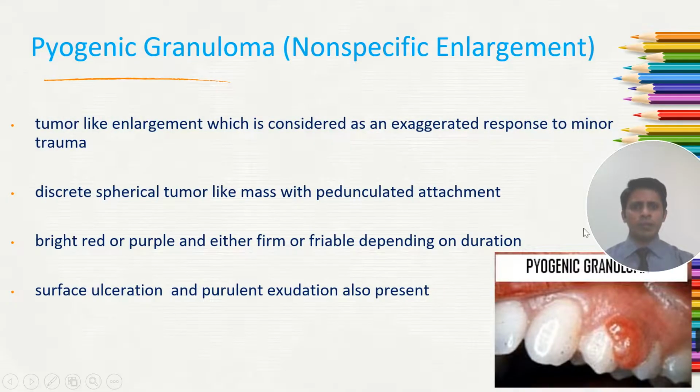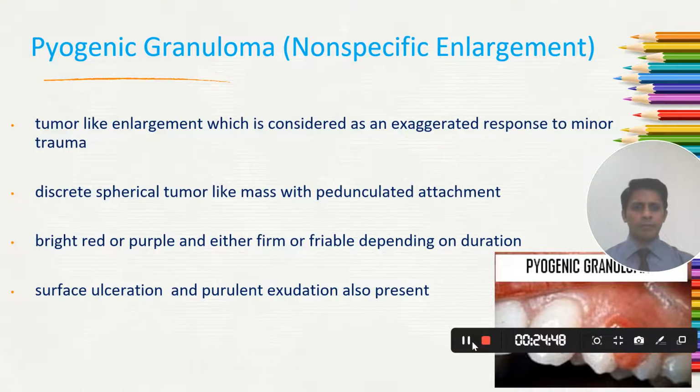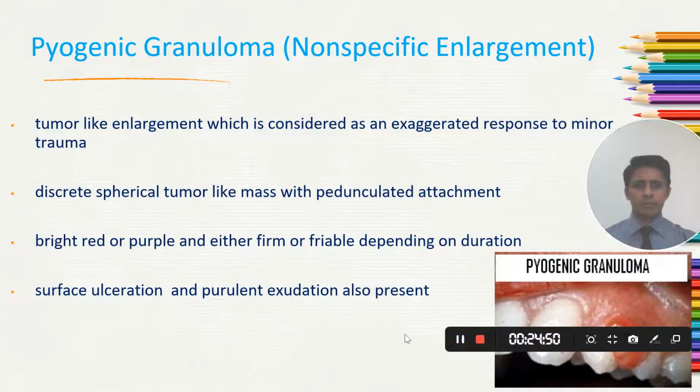Coming to the pyogenic granuloma. It is a tumor-like enlargement which is considered an exaggerated response to minor trauma. It is a discrete spherical tumor-like mass with pedunculated attachment. It is bright red or purple and either firm or friable depending upon the duration.